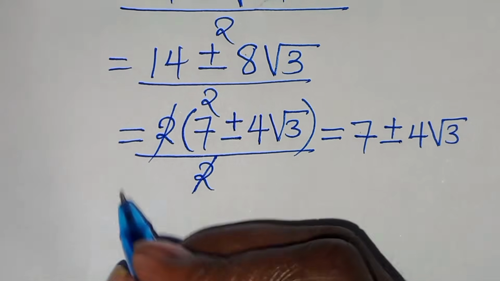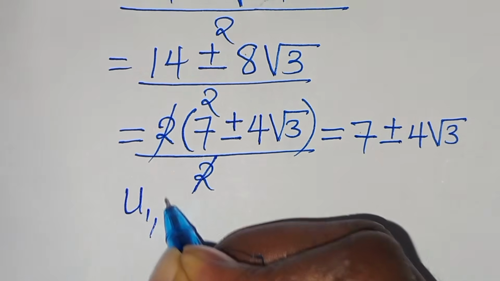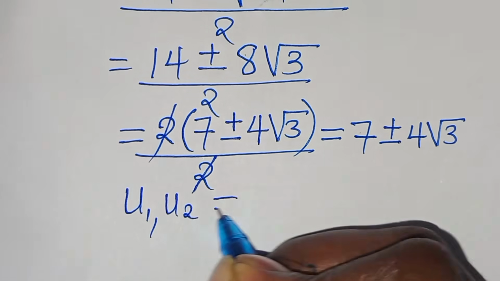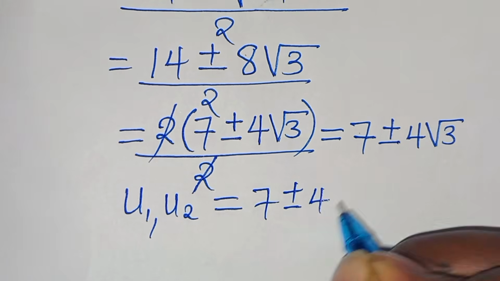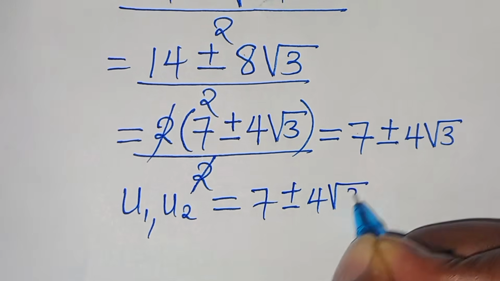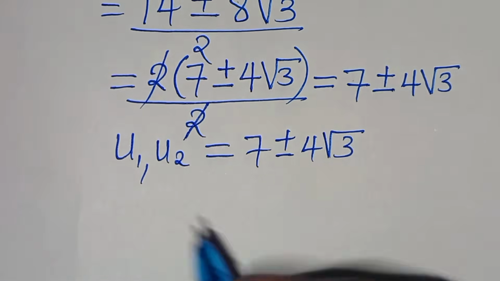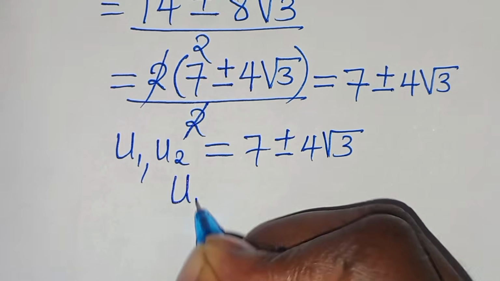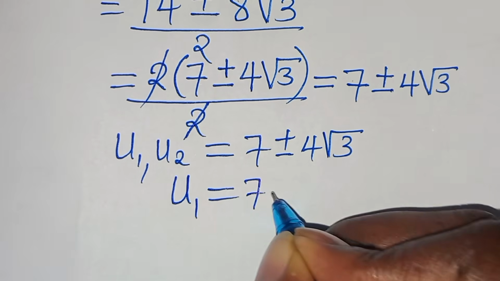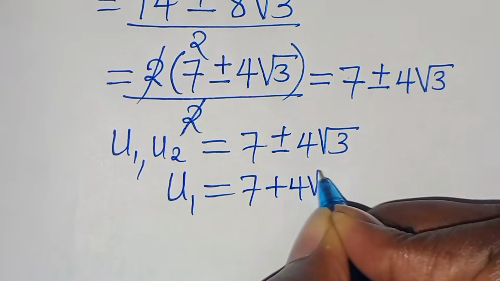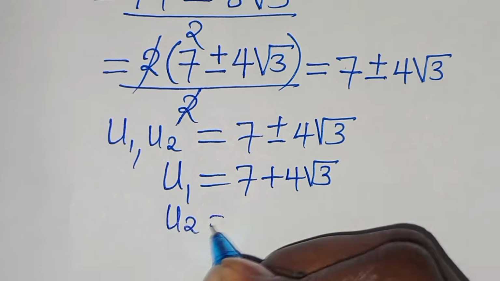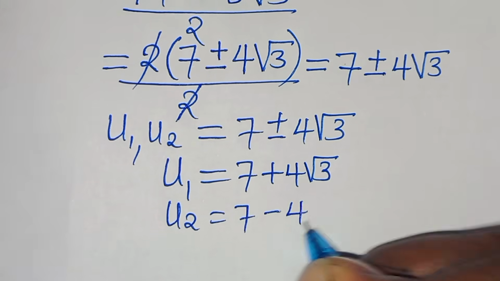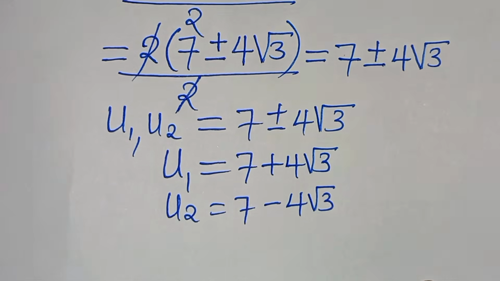So u1, u2 is equal to 7 plus or minus 4 square root of 3. We have that u1 is equal to 7 plus 4 square root of 3, and u2 is equal to 7 minus 4 square root of 3.